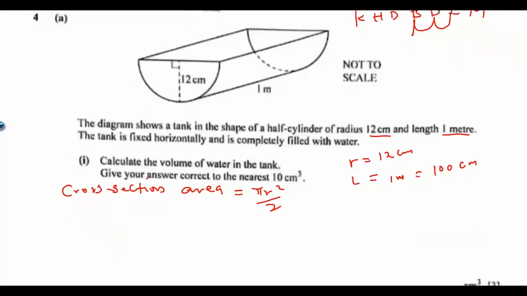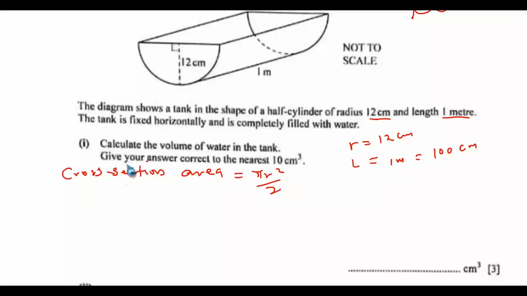So pi is equal to 3.142 multiplied by radius 12 squared and divided by 2. If you input this, this will be the cross section area.